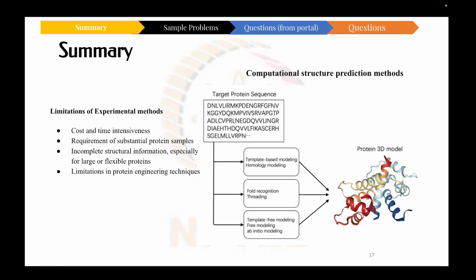Computational methods are faster and more accessible but may have limitations in accuracy, particularly for large or complex proteins. Overall, each method has its strengths and limitations, and the choice of method depends upon factors such as protein size, stability, and desired level of detail in the structure. Computational methods complement experimental approaches by providing rapid predictions and insights into the structural dynamics.